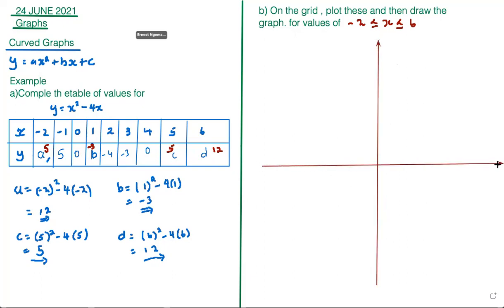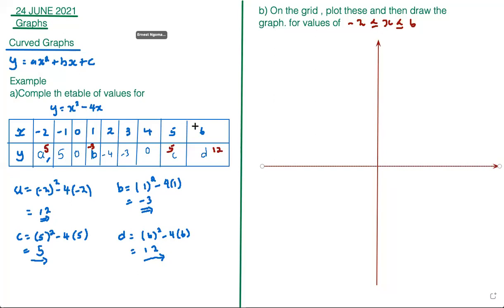It's going to be something like that. So normally, you would just join them in the middle. But you should know what values you want. By that I mean, let's look at the x-axis.